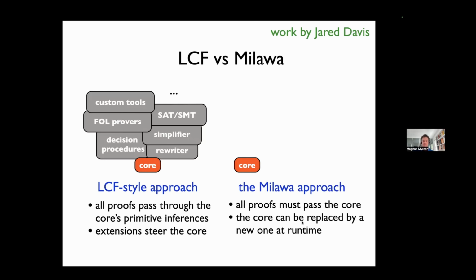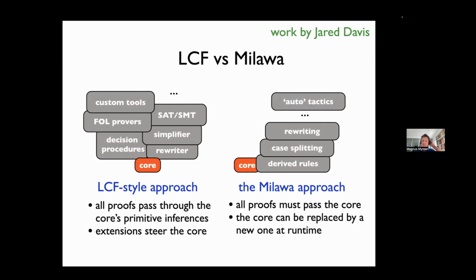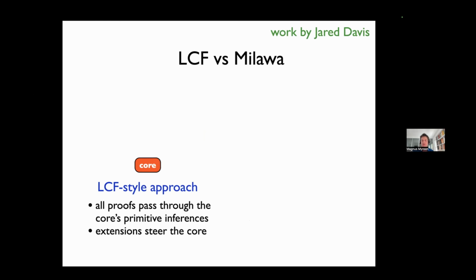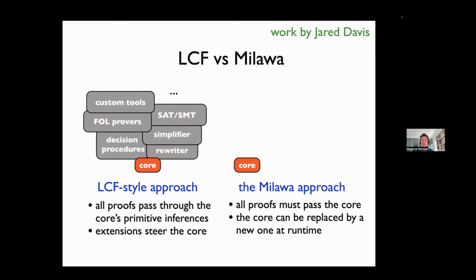So this is a very reflective style. What you do is you define some derived rules. This derived rules blob is a new kernel that fuses multiple operations so that you can do them faster in fewer steps.